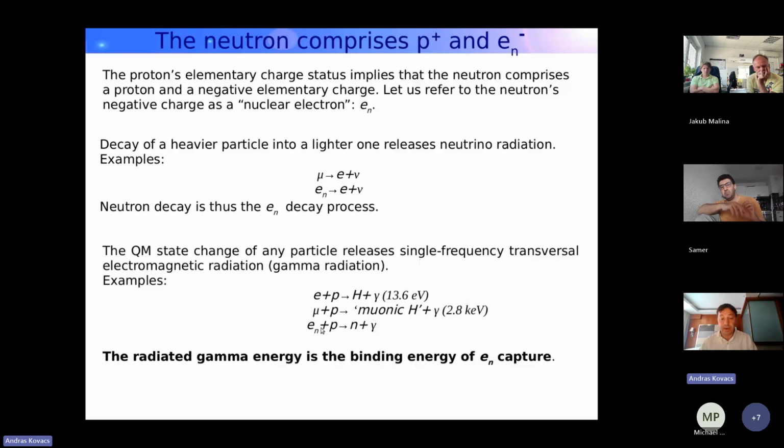So we expect that nuclear electron plus proton should also emit gamma radiation that accompanies this quantum mechanical state change. What we will be looking for is the radiated gamma energy signature, and notice from this equation that the radiated gamma energy is exactly the binding energy of nuclear electron capture.